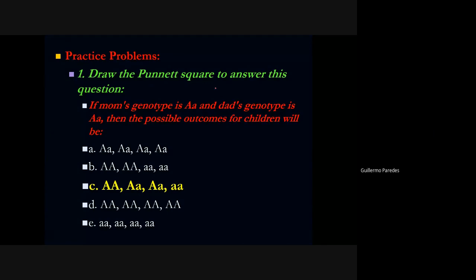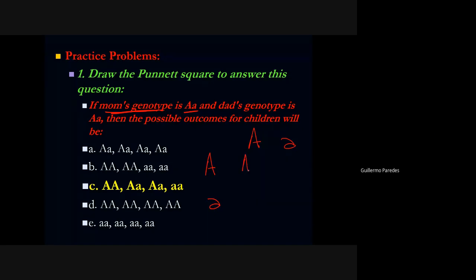Draw the Punnett square to answer this question. If mom's genotype is ee and dad's genotype is EE, the possible outcomes for the children will be as follows.